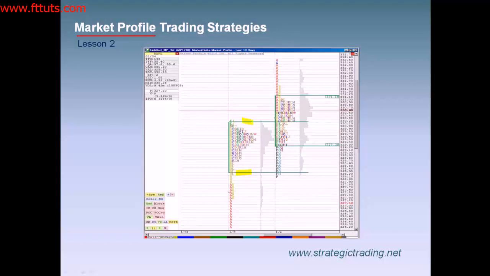And here I have them outlined by these nice coherent green lines. Now I want you to see how each of these value areas are really quite different in shape and look from one another. That's all I want you to know at this point, that not all value areas look the same.